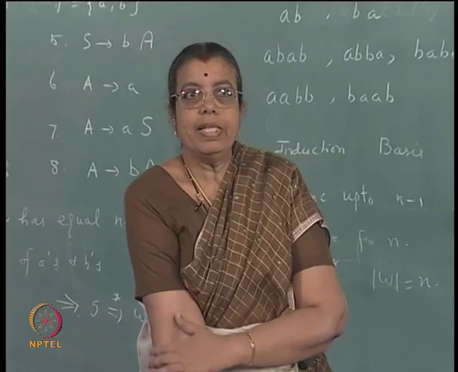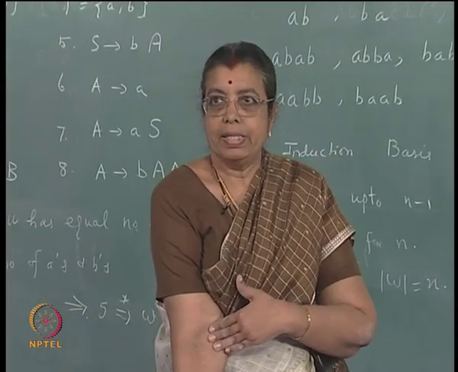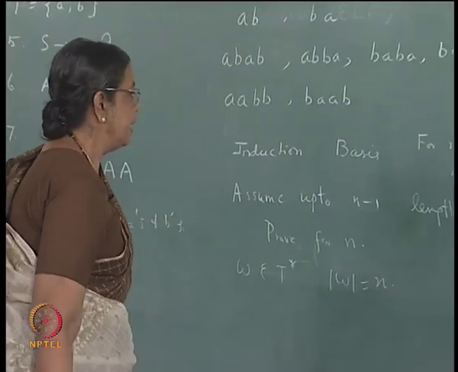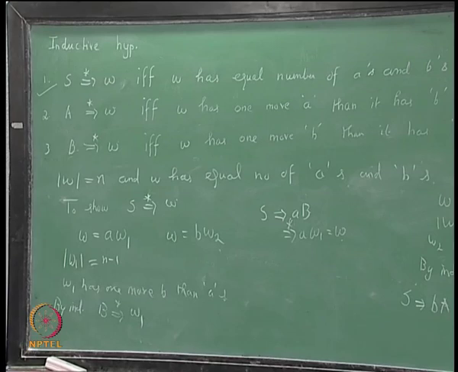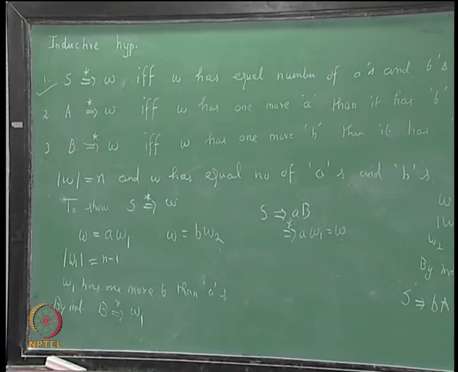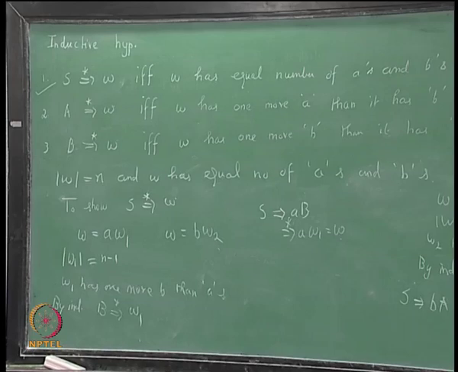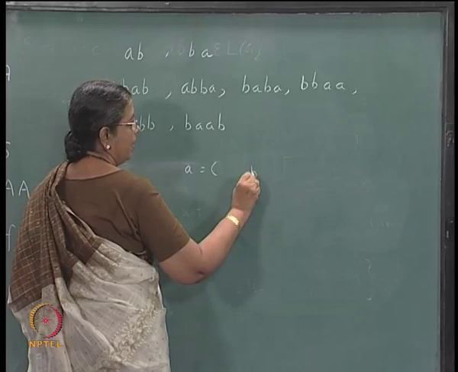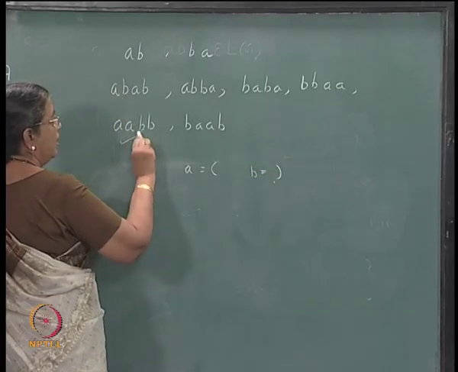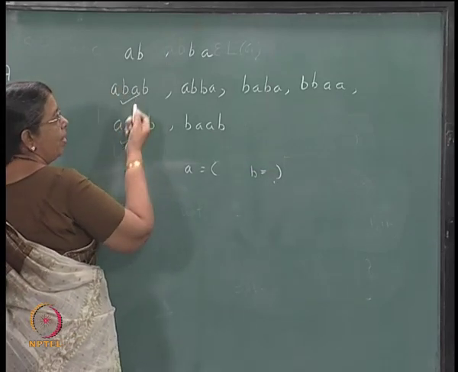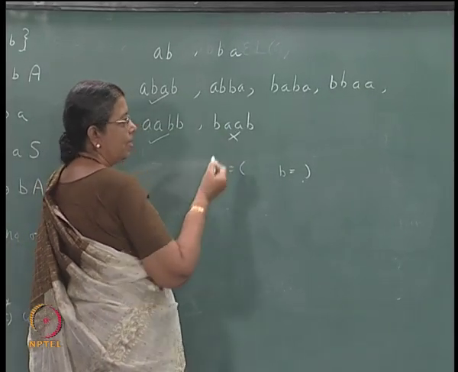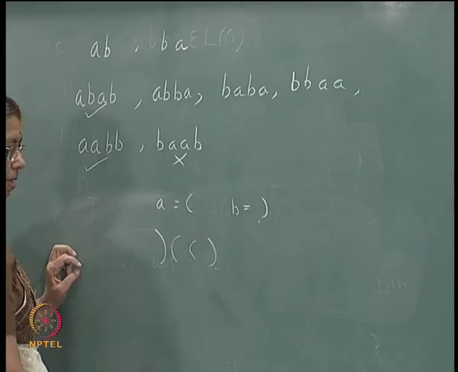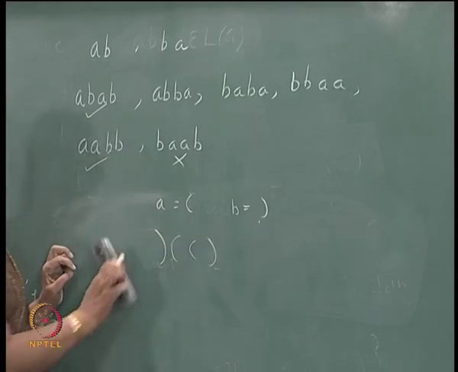What is the difference between this and the Dyck set which we considered in the last class? Dyck set is the well formed strings of parentheses. So, for example, if you look at A as the left parenthesis and B as the right parenthesis, this will belong to the language, but this will not, because this will be right left left right, which is not a well formed string.